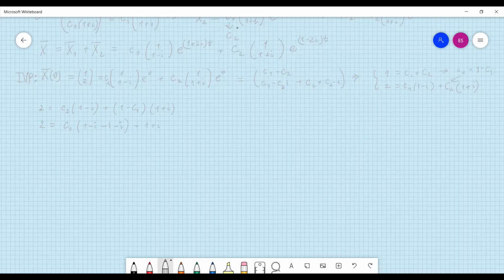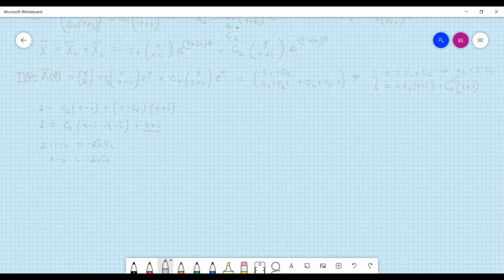Here the 1 and 1 cancel, but i and i are added. If I move this part to the right, I have 2 minus (1 plus i) equals C1 times (minus 2i). Subtracting 2 minus 1 gives me 1, so 1 minus i equals minus 2i C1.